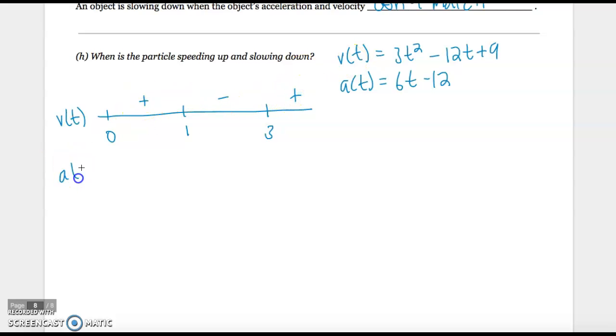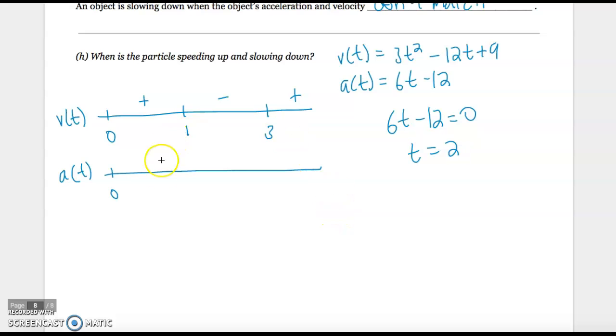And now we're going to do the same thing with acceleration and see what time intervals your acceleration matched or did not match your velocity function. The first thing I have to do is figure out where my acceleration equals 0 in order to find my breaking points. So I have to do 6t minus 12 equals 0.